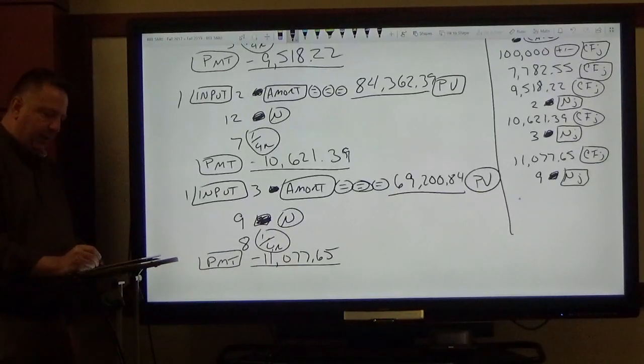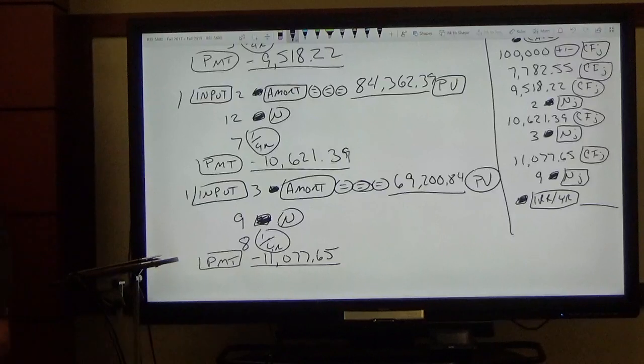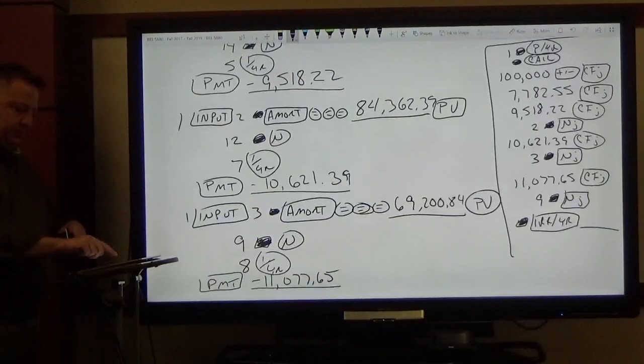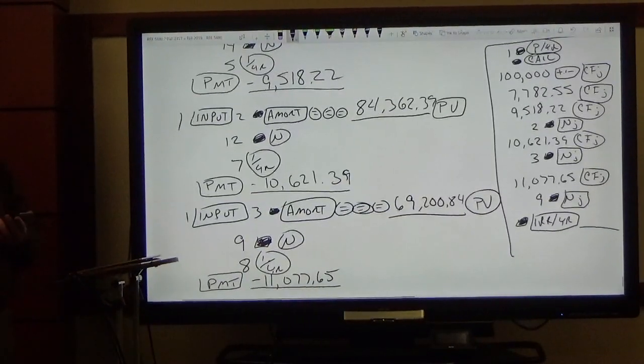Okay. Then we simply solve for internal rate of return. And that gives us our effective cost of borrowing, or the lender's yield. And the loan's paid off at the end of the 9th year, so we don't need a balance because it's paid off.